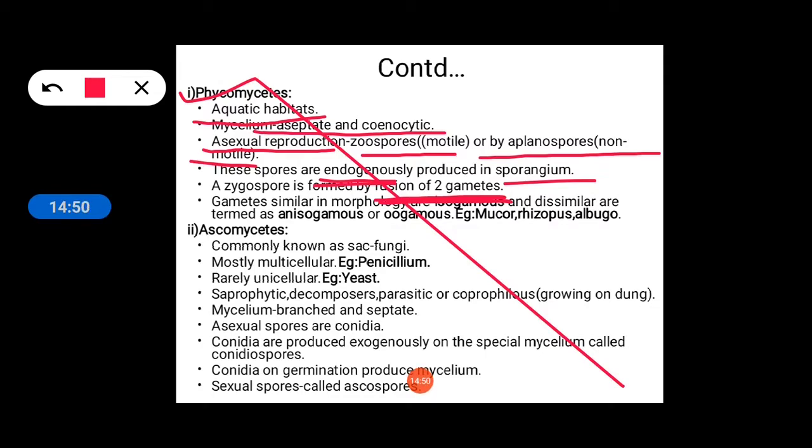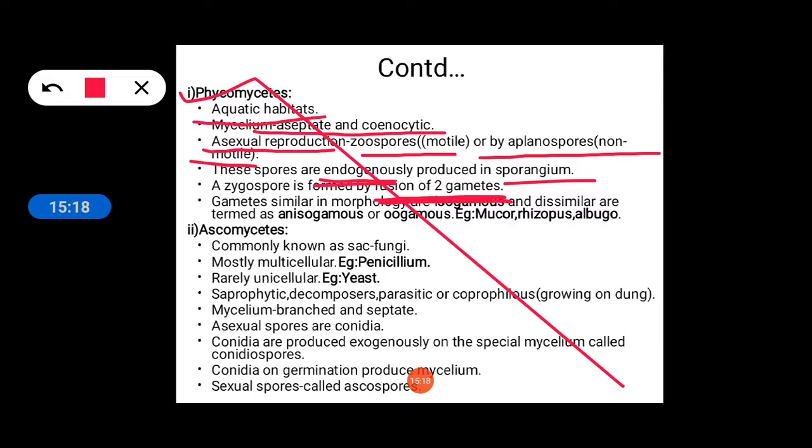Similar in morphology means similar in external structure. When two gametes are not similar in their external structure, they are known as anisogamous or oogamous.